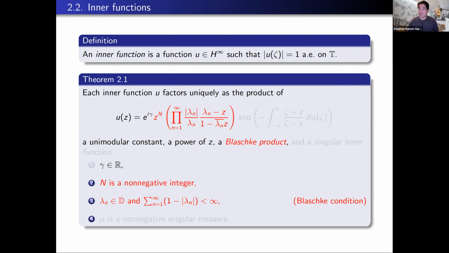That is a product of disk automorphisms set up in such a way that it maps the disk to the disk and the circle almost everywhere to the circle. And the zeros of this so-called Blaschke product have to satisfy the Blaschke condition: they have to tend to the circle rapidly enough to ensure convergence. And then we also have this singular inner factor that arises from a non-negative singular measure over here. And so that is a typical inner function.